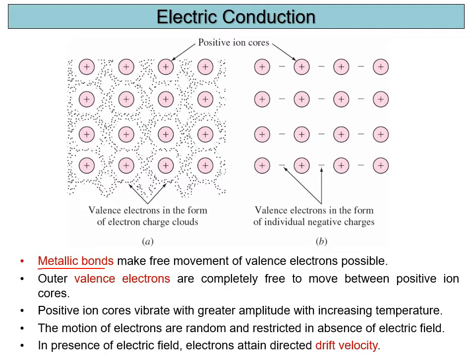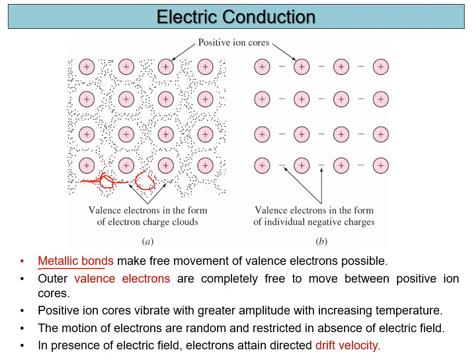Positive ion cores vibrate with greater amplitude with increasing temperature. The motion of electrons is random in the absence of an electric field. In the absence of an electric field, the electrons move freely and randomly, and can jump from one positive core to another.